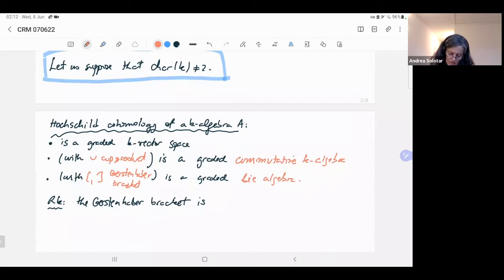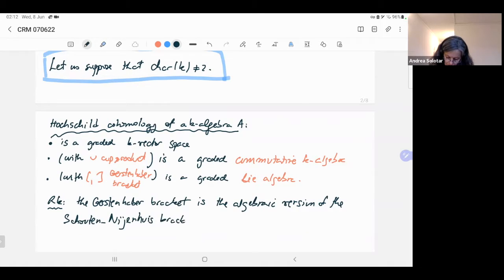I'm not going to define the Gerstenhaber bracket because it's very technical, but if you prefer geometry, you can think that the Gerstenhaber bracket is the algebraic version of the Schouten-Nijenhuis bracket, and they coincide for the algebra, nothing to do with gentle algebras, of C-infinity functions on a smooth manifold. So this gives you an idea of what the Gerstenhaber bracket more or less is.